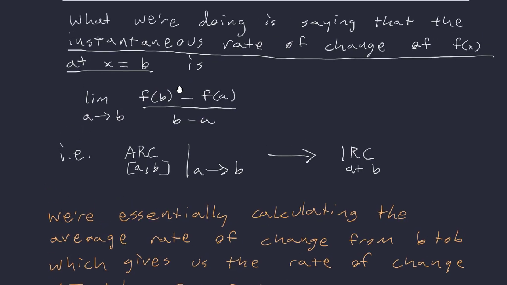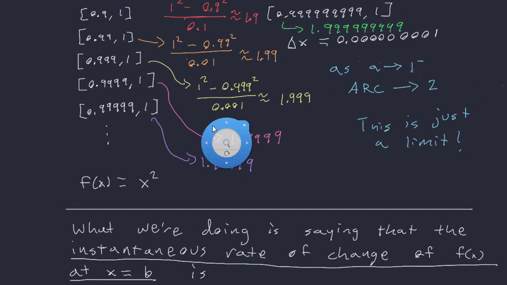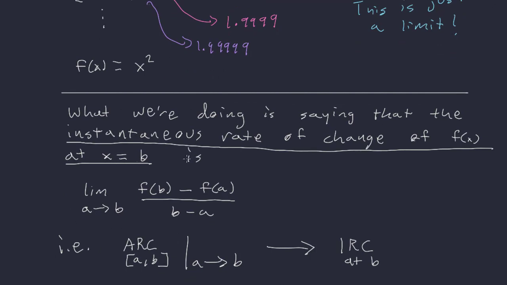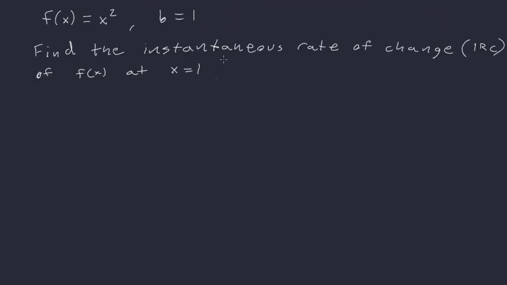Okay, so if we go back to what we were doing before, where we were looking at, say, f of x equals x squared, and we wanted to find the instantaneous rate of change of x squared when b is equal to 1, we can instead just use the limit.